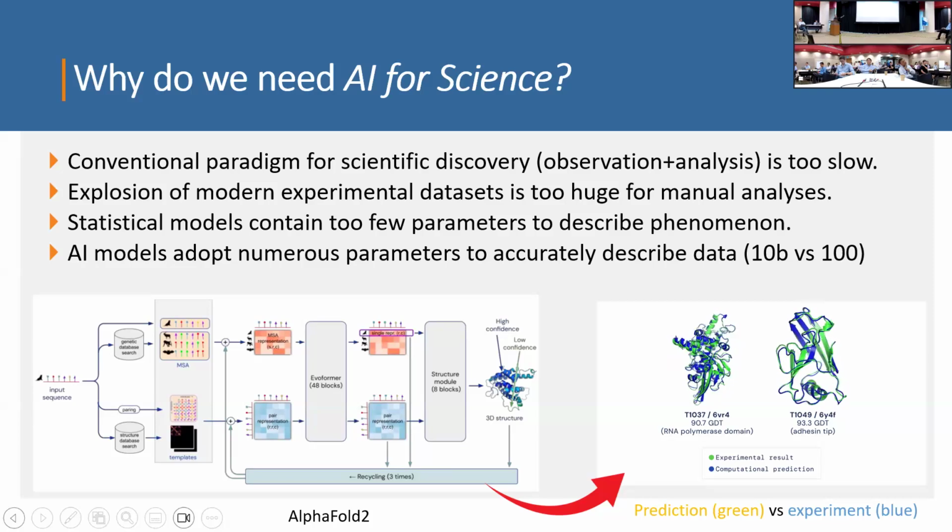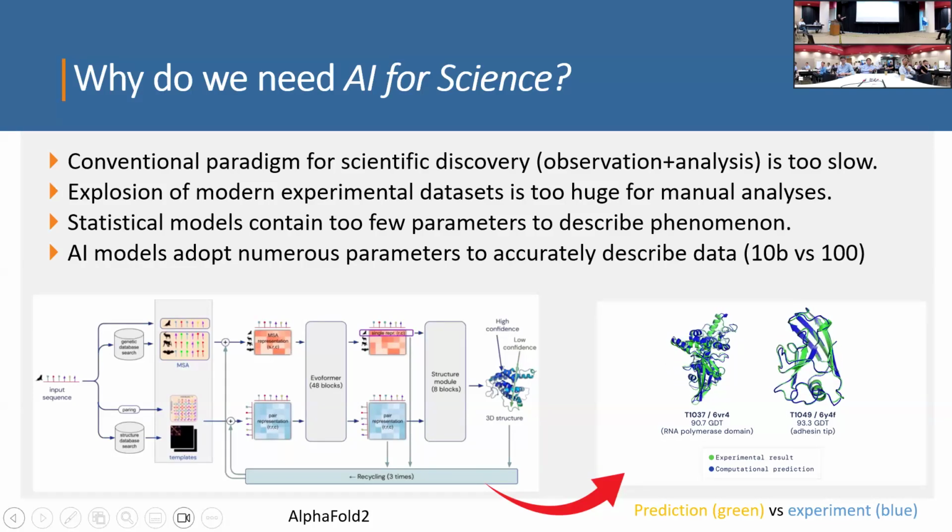Here is one example which many people have heard about, AlphaFold, developed by DeepMind. AlphaFold is an end-to-end transformer neural network.